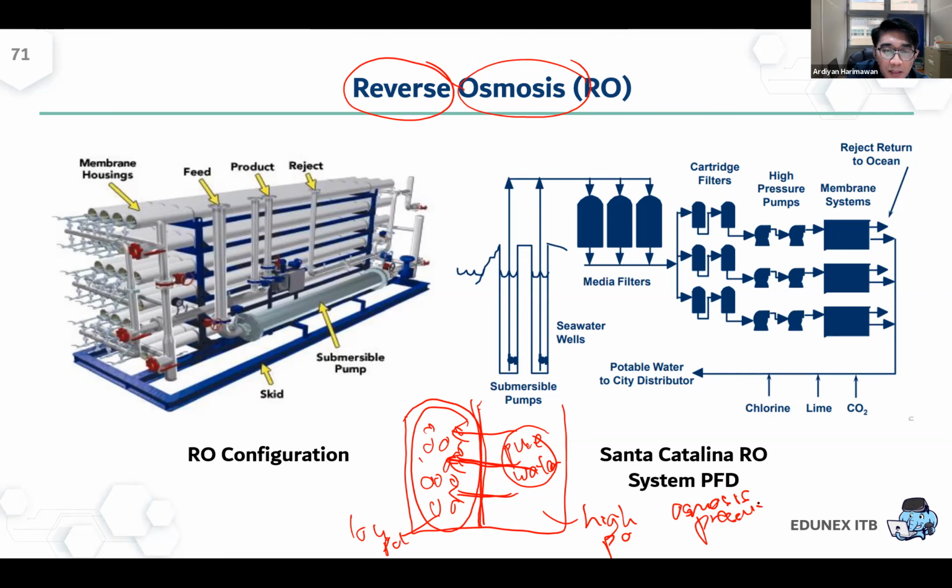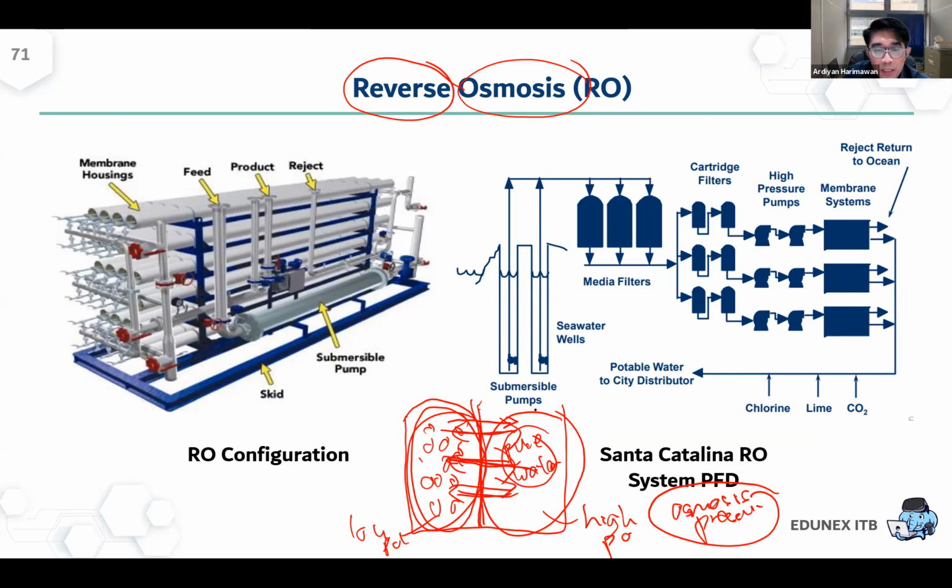That's why we apply the pressure to counter the osmotic pressure, so the flow will be in the opposite direction. The raw water containing dissolved solids goes through the membrane with the pressure, overcoming the osmotic pressure, and then you can have clean water. That's the basic principle of reverse osmosis.